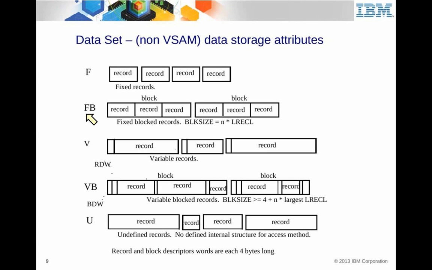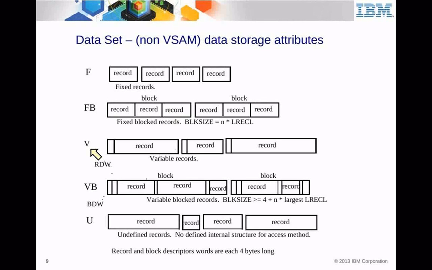Now, if I do fixed block, that's a record format of fixed block, there's a block size. And the block size is typically a multiple of number of records. So you might put 3 records in a block. Typically, it's a lot more than that. If you do fixed block, if a program reads the first record, the entire block is brought into memory.